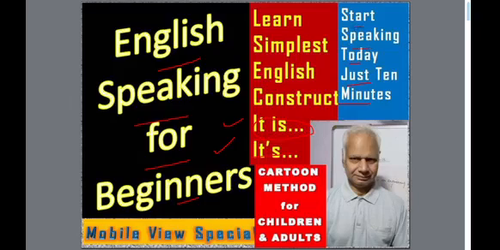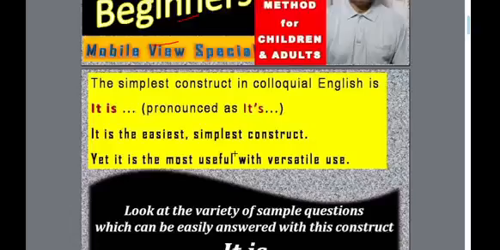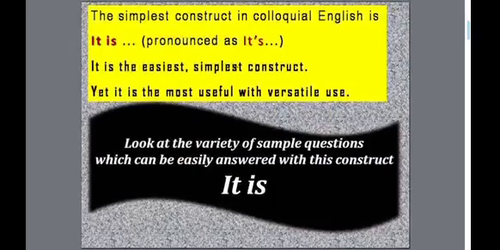So this is also a special, English speaking for beginners using the most simple, the most easy, and the most common thing, it is or it's. The simplest construct in colloquial English is it is, and when you are talking, we pronounce it as it's.